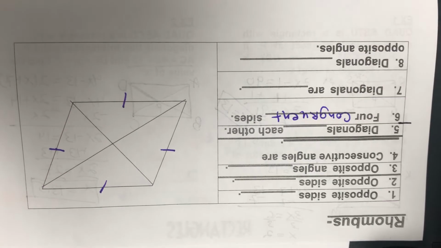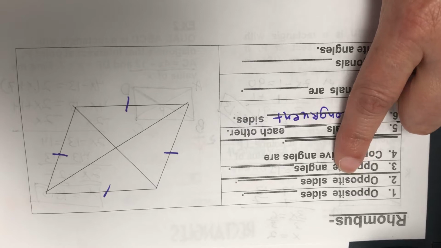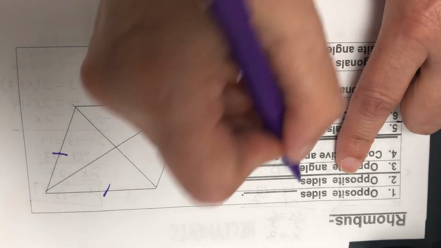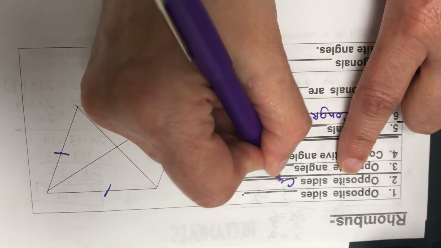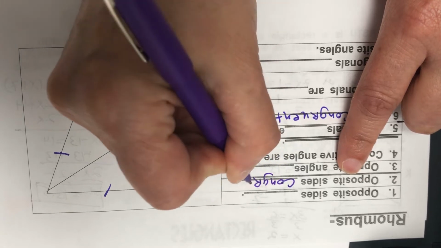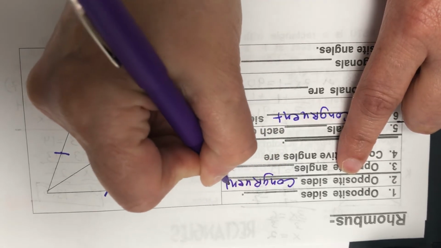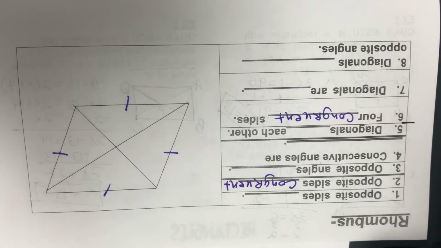So if all four sides are congruent, that takes care of property 2 for a parallelogram, opposite sides are congruent. So we're taking that to the next level. Not just opposite sides are congruent, but actually all four sides are congruent.